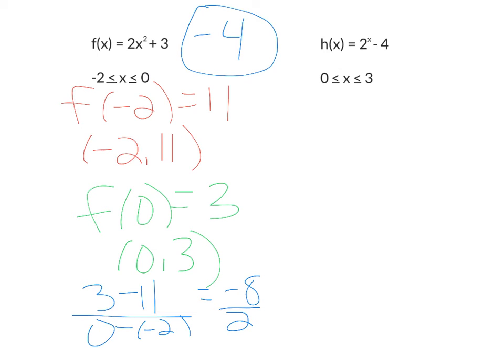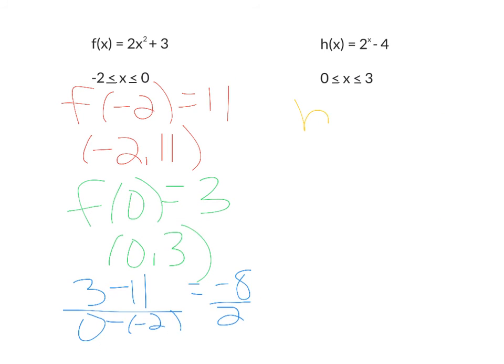Finally, looking at our function h of x equals 2 to the x minus 4 over the interval between 0 and 3, I would again have to plug in both 0 and 3. So to find h of 0, I would do 2 to the 0 minus 4. Anything to the 0 power is 1, and 1 minus 4 is negative 3. So h of 0 is equal to negative 3, which means I have the point 0, negative 3.